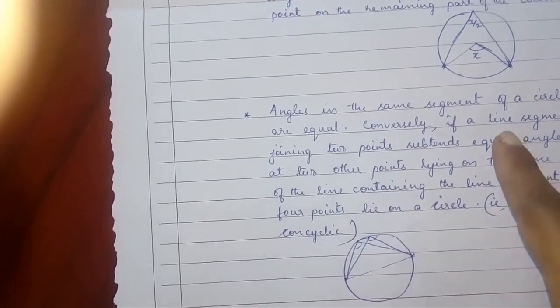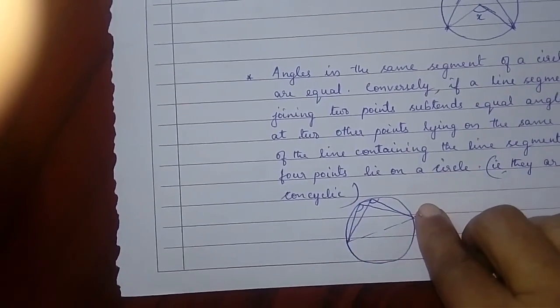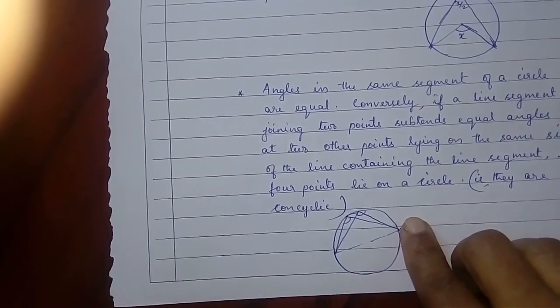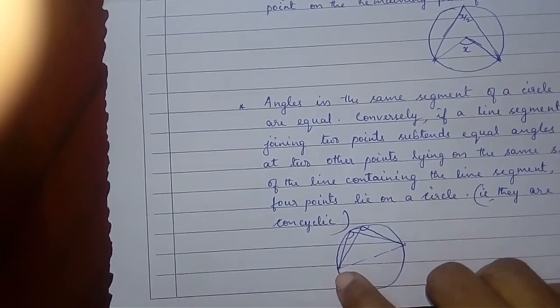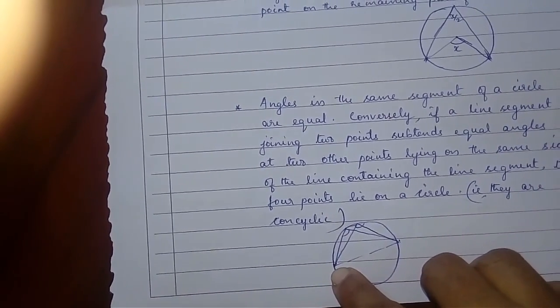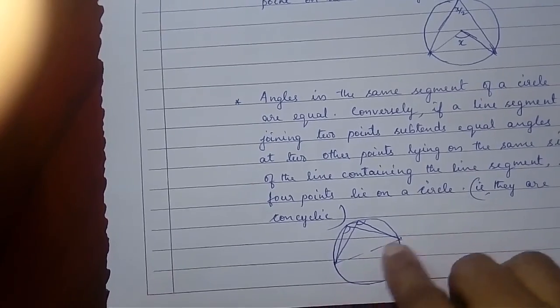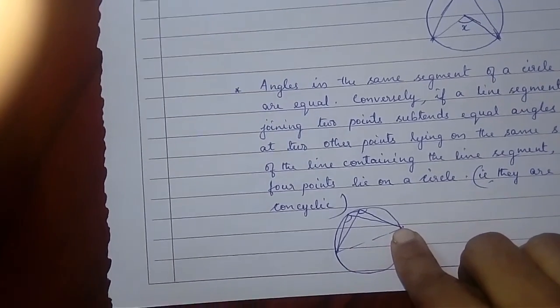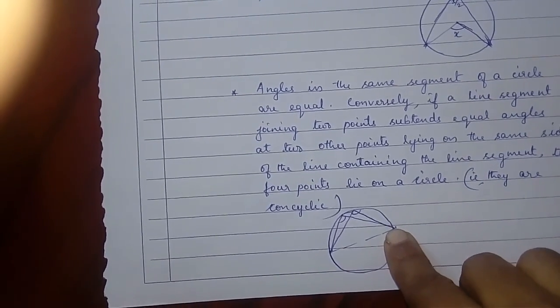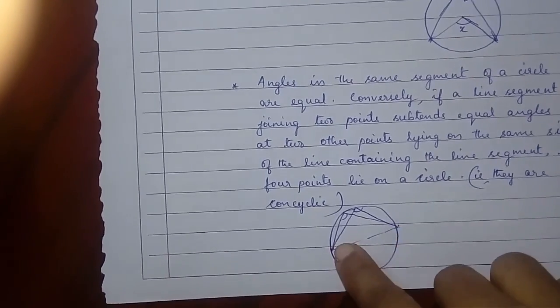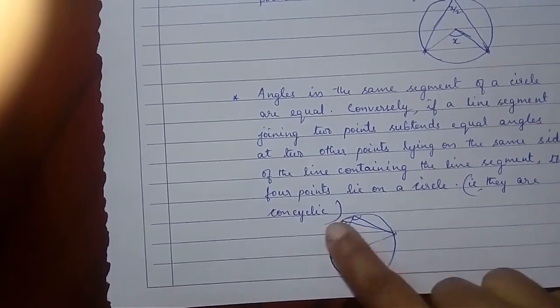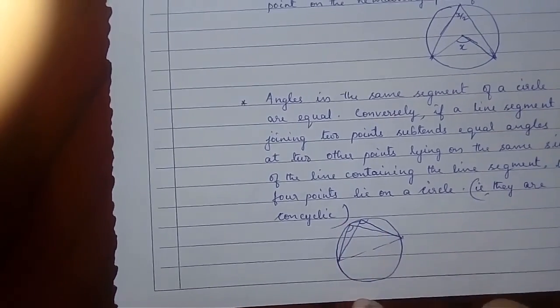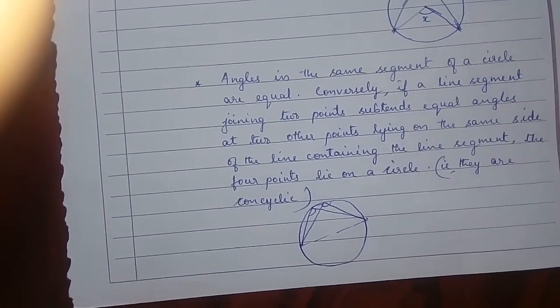And its converse is, if a line segment joining 2 points subtends equal angles, we know these are the equal angles, at 2 other points lying on the same side of the line containing the line segment, these 4 points are concyclic.